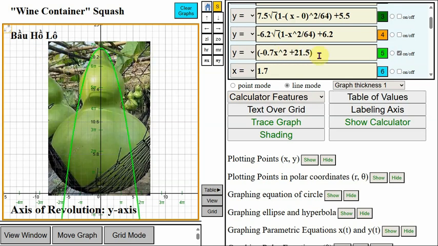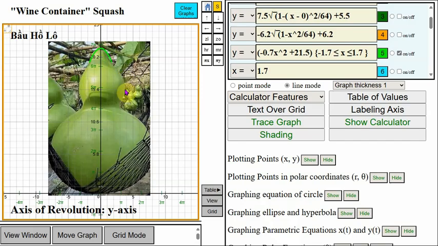I came up with negative 0.7 x squared plus 21.5, and that looks like a pretty good fit. And then we just want the top portion right here, and it goes from about negative 1.7 to 1.7, and then we can find the volume of this top part up here.